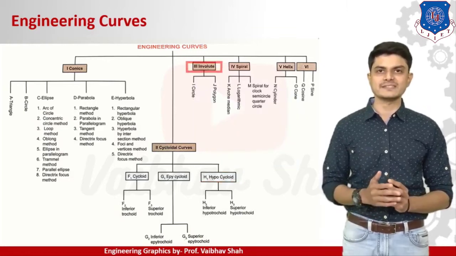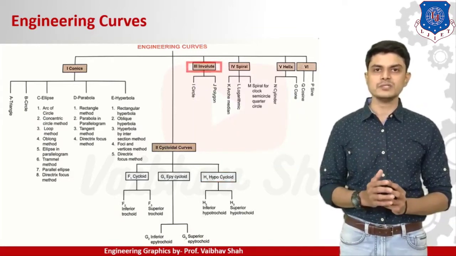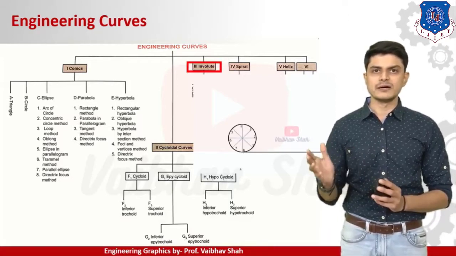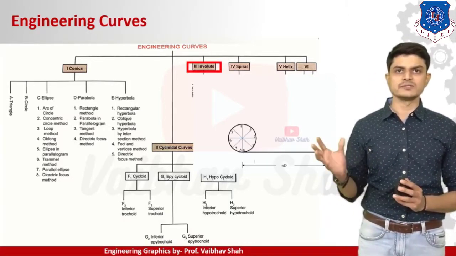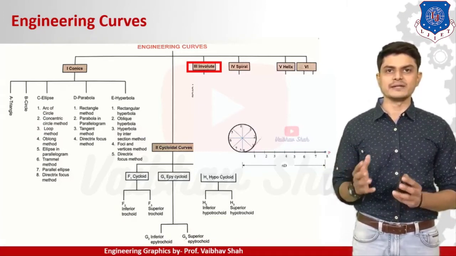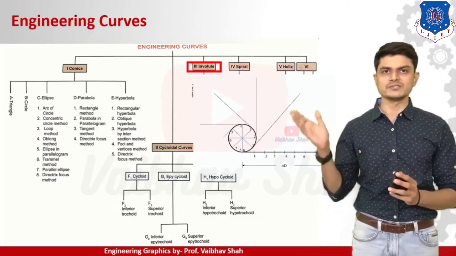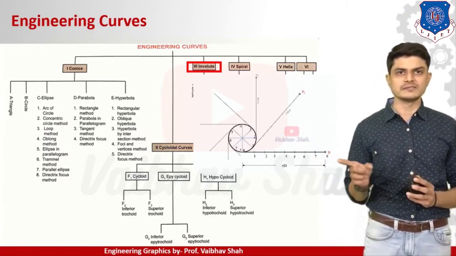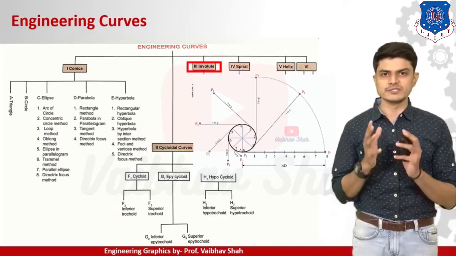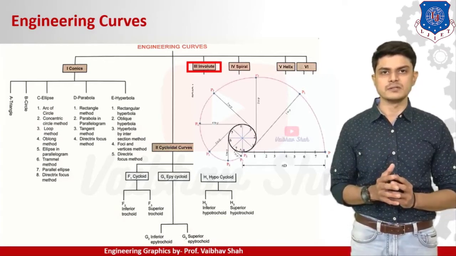Now let us move to the next curve, which is the involute. Let's see its example. Whenever we have one circular object and we try to wind a string over it or unwind the string over it, and we trace the end point of the string, as you can see, there will be one curve generated, which is nothing but the involute of a circle.